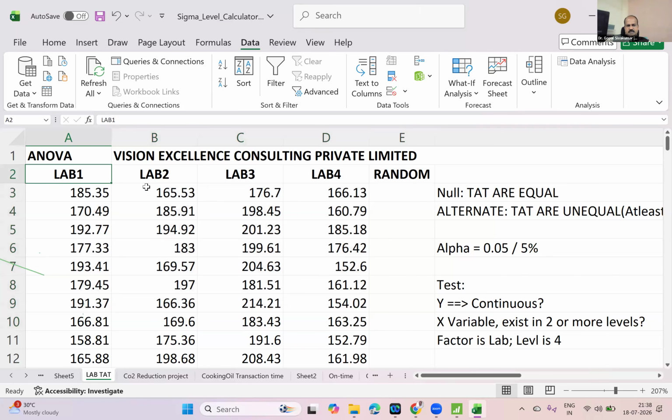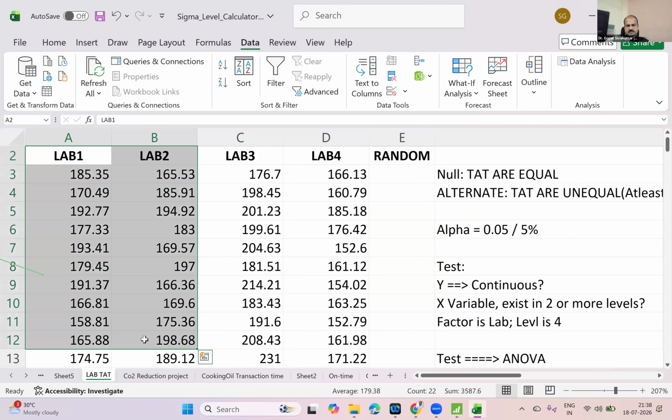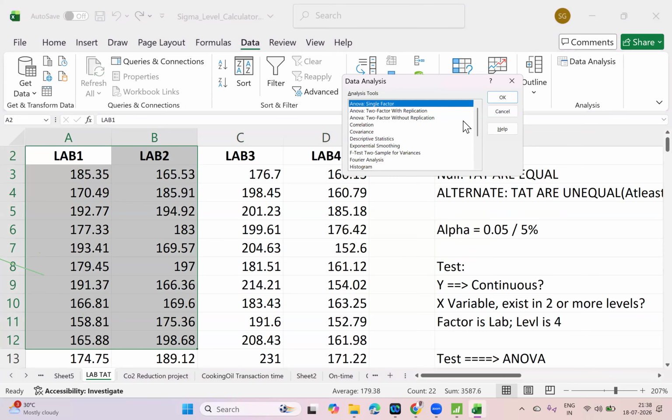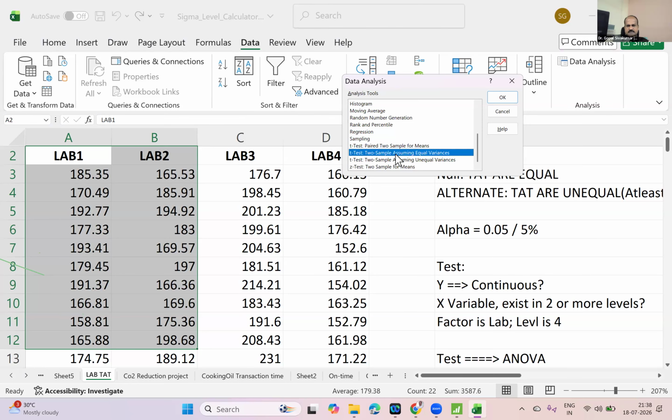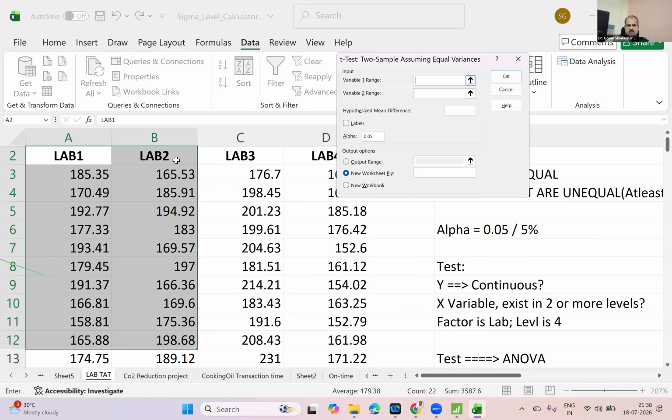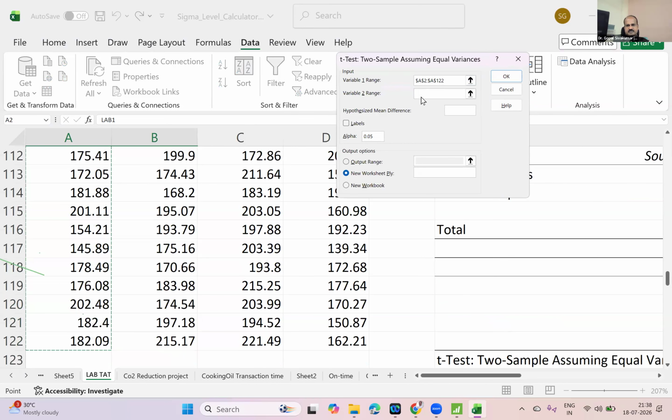Now, shall I do a 2 sample t-test between lab 1 and lab 2 using Excel? Yes, we can. Data analysis, t-test: two sample assuming equal variance. Variable 1, lab 1, from shift control down.